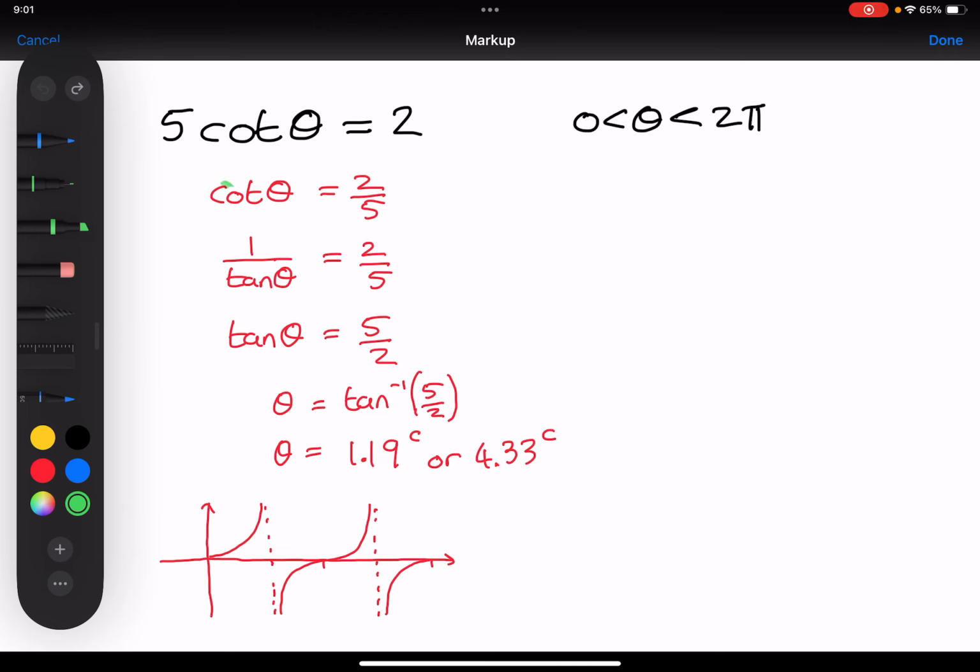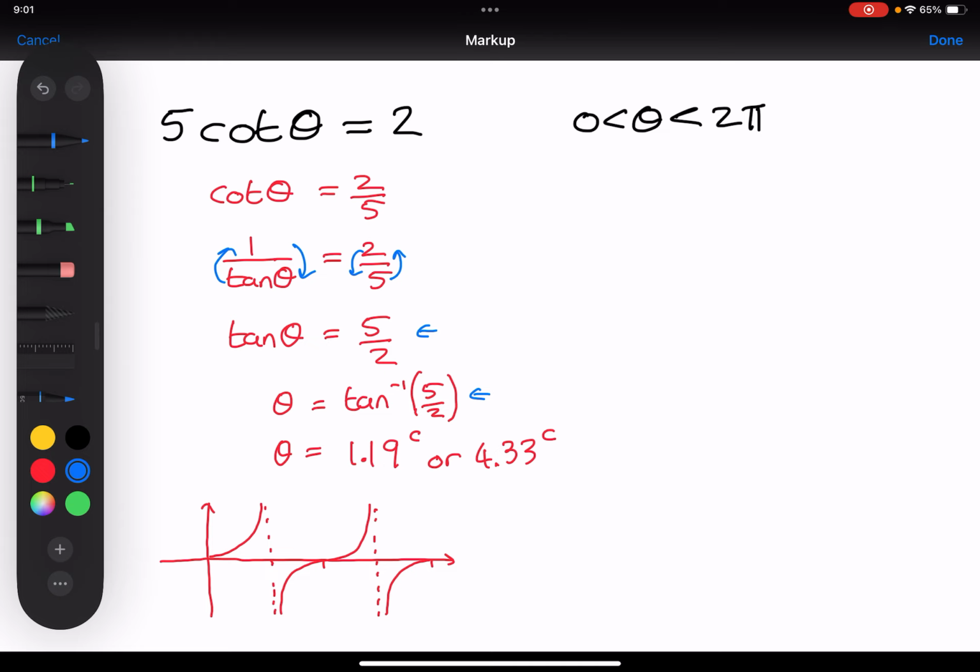In the last video we learned that cot theta is the same thing as 1 over tan theta. I've then done the reciprocal to make tan the subject. So reciprocal on the left hand side and reciprocal on the right hand side, and that's told me that tan theta is equal to 5 over 2, which I've then done tan inverse on in my calculator.